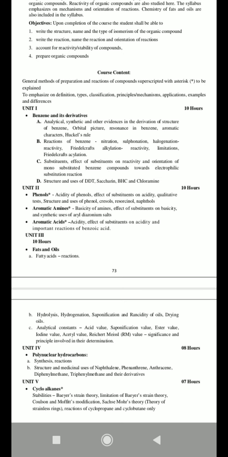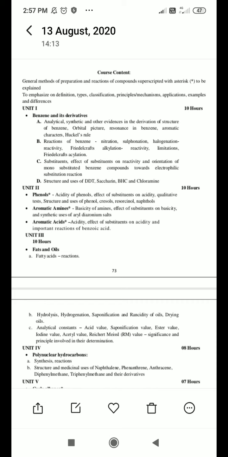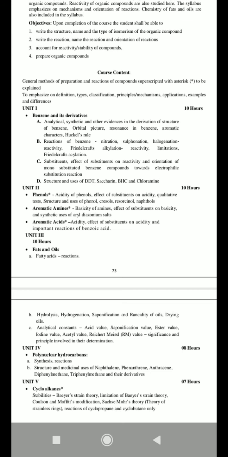Here you will study acidity, effect of substituent on acidity, and important reactions of benzoic acid. Benzoic acid means a benzene ring with a carboxylic group COOH at one position. This is benzoic acid. We will study here acidity, the effect of substituents on the aromatic ring, and important reactions of benzoic acid. Okay, this second unit is for 10 hours.